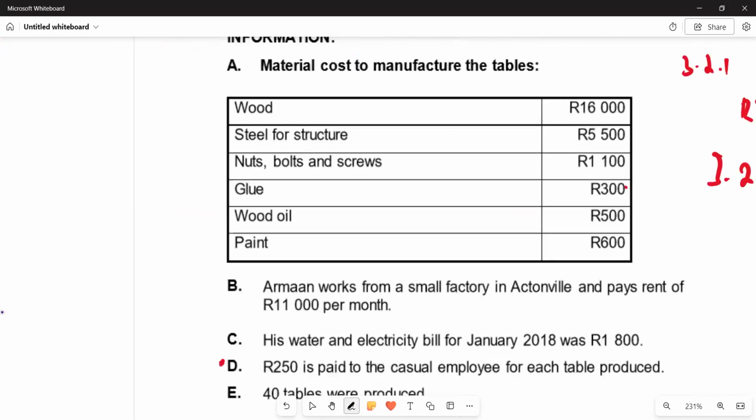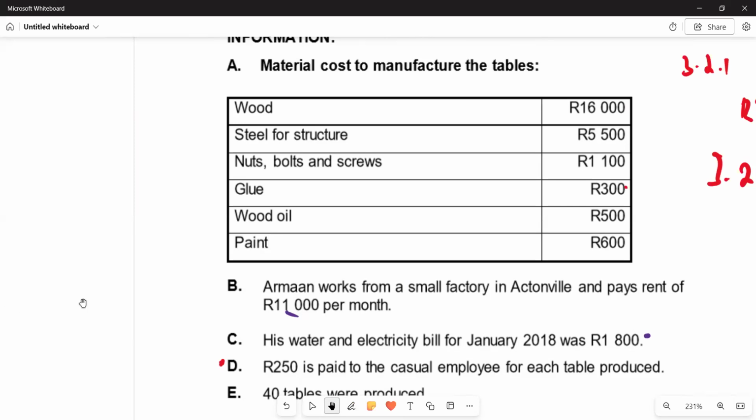We are told that Arman works from a small factory in Actonville and pays rent of 11,000. We've also got water and electricity of 1,800. These are the two we need to add on: 11,000 plus 1,800.